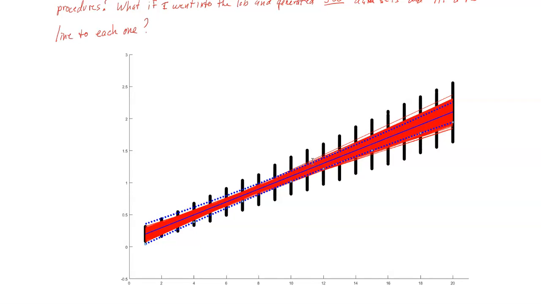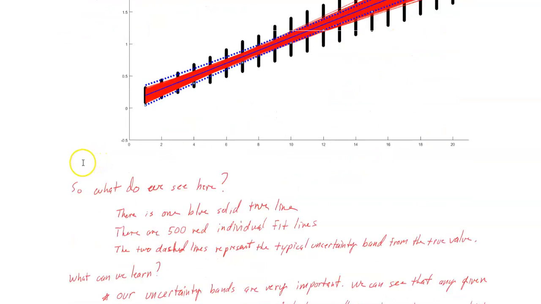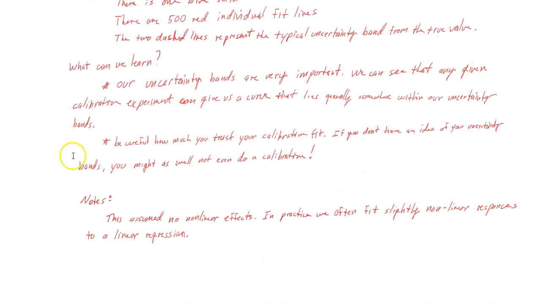And furthermore, if we don't have an idea of how that sensor responds to given inputs, like if we don't have a better reason to fit anything other than a line, either the data has to look very clearly nonlinear, in which case we might choose an exponential fit, like a power law fit, or even a quadratic fit. But unless you have a really good reason why the data looks nonlinear, it's usually best to use a linear calibration. So that's it for uncertainty calibration.